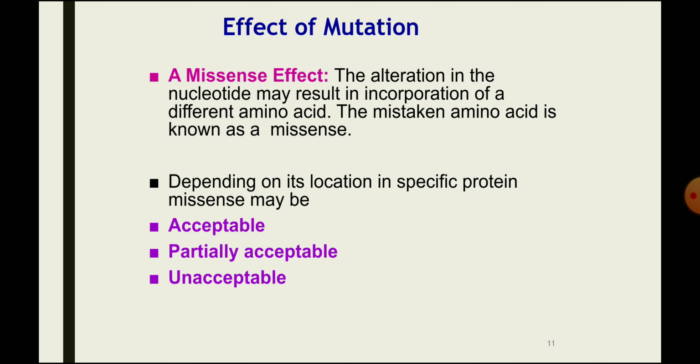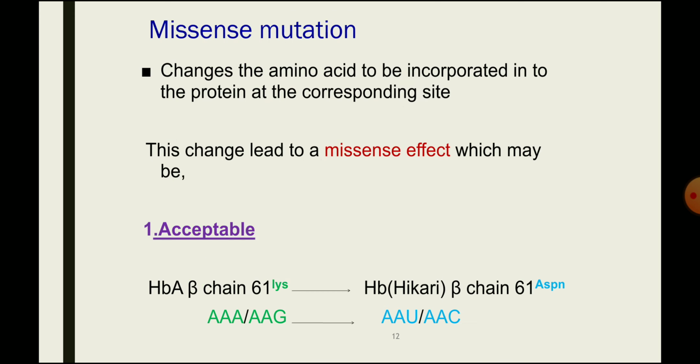Suppose the mutation codes for another amino acid, and where that amino acid is situated in the protein may produce the acceptable, partially acceptable, or unacceptable missense mutation. These are all subclassifications of the missense effect of point mutation.